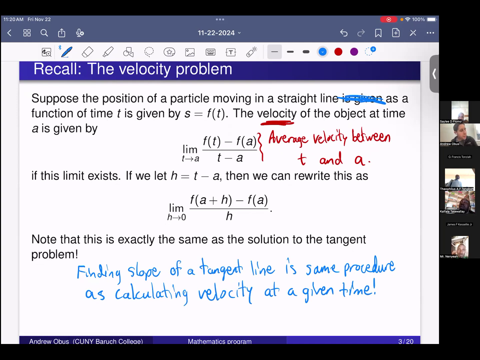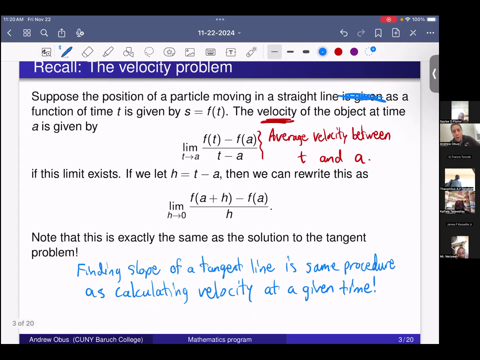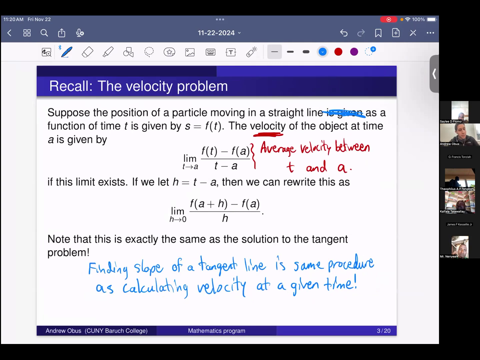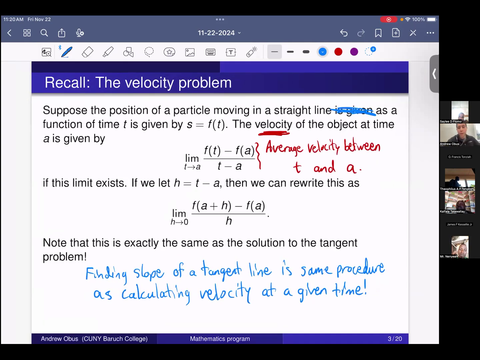Okay. So we saw that we had these two problems, both of which involve calculating something that's happening at one time or in one place, which is usually something that you need two times or two places to calculate. So for a velocity, usually you need to know how far have you gone in how much time. That's going to tell you two places. But in fact, we can use these limits to calculate the velocity just at one point, which is what the speedometer in your car is doing, right?